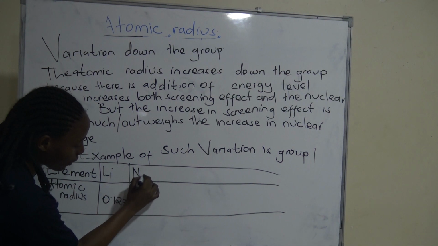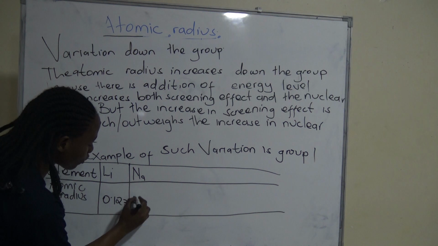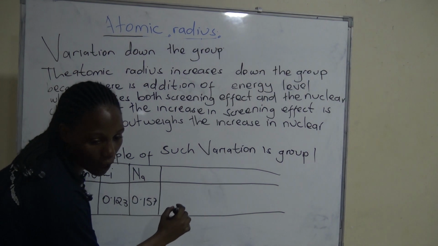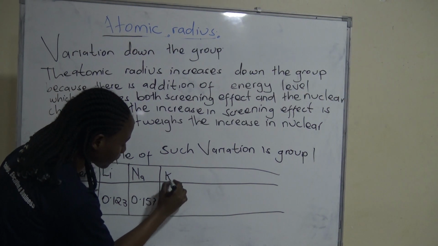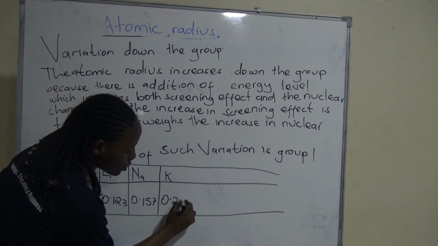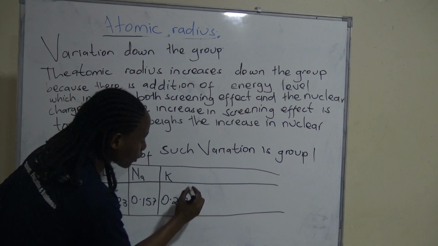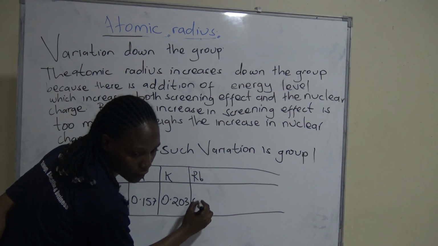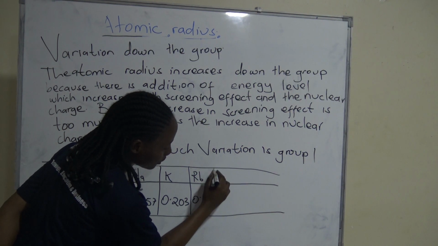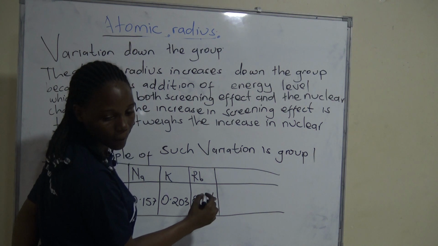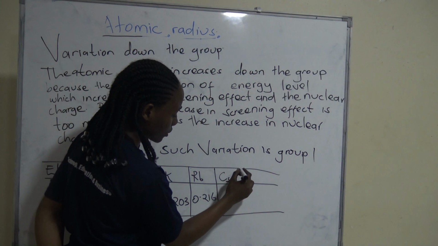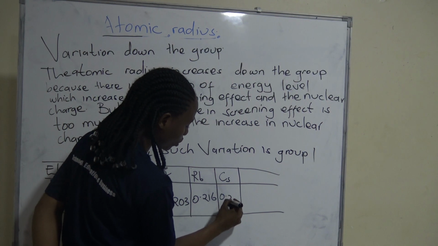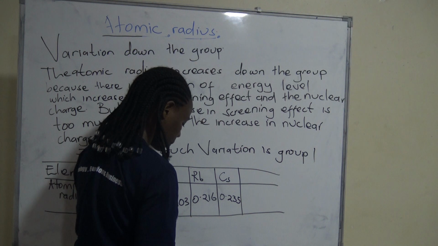Then we go to sodium, whose atomic radius is 0.157. Then potassium, whose atomic radius is 0.203. We go to rubidium, whose atomic radius is 0.216. And finally, caesium, which is 0.235.